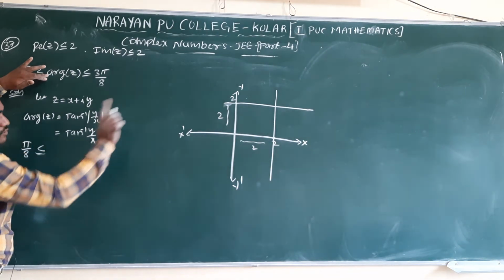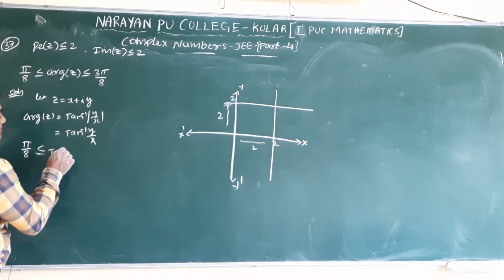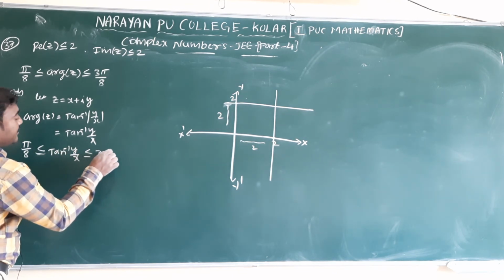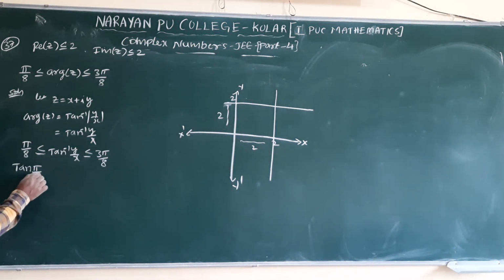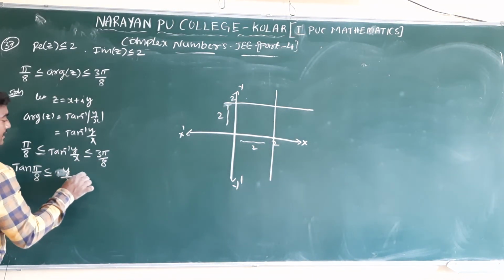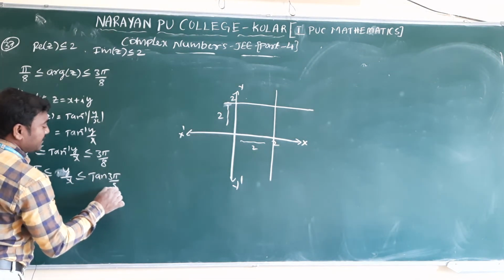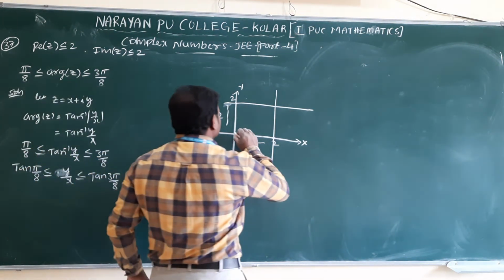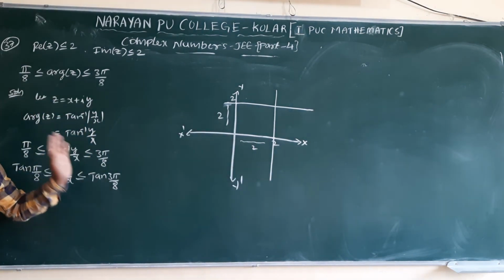So it lies in the first quadrant only, so take directly tan inverse of y by x. So tan inverse of y by x is less than or equal to 3 pi by 8, but tan pi by 8 is less than or equal to tan inverse y by x is less than or equal to tan 3 pi by 8. Here the angle lies between pi by 8 and 3 pi by 8.